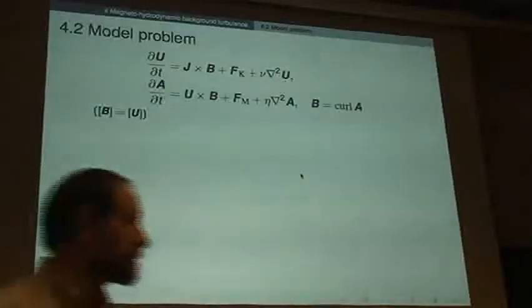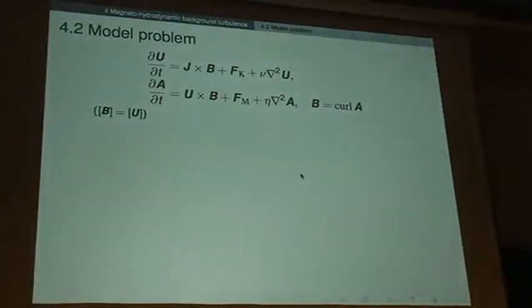So let us consider a simplified model. The induction equation as usual, except that it is formulated with the vector potential now, which is not really essential. Then you have magnetic forcing included for experimental purposes, and reduced hydrodynamics, where the pressure term and the advective terms are gone, but the forcing is still there.